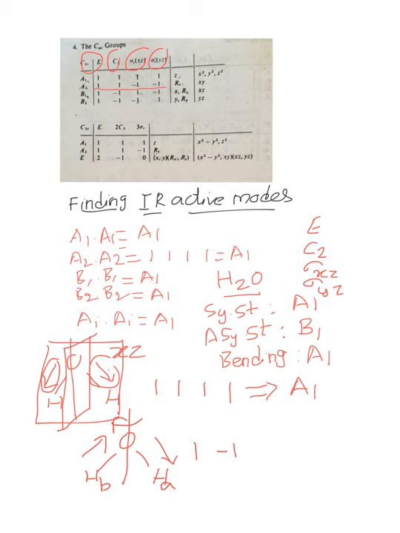Similarly, when I reflect in the xz plane, the reflection within the molecular plane, nothing will change. However, if I reflect in the perpendicular plane, the arrows change positions, so it will become -1. So I got 1, -1, 1, -1. So this is B1.